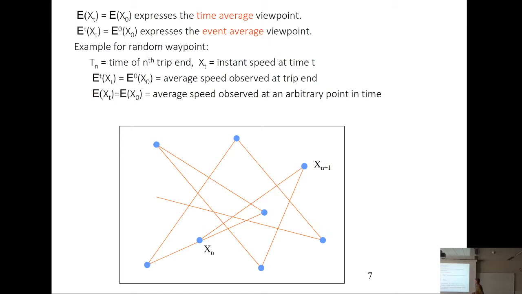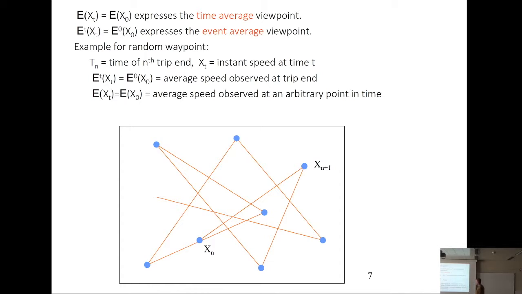For example, if I'm looking at the random waypoint model, and I call the selected events the events that a mobile reaches the end of a trip. So with a random waypoint model, you go to a certain point. When you reach that point, we say there is a selected event. That's an instant of interest here.